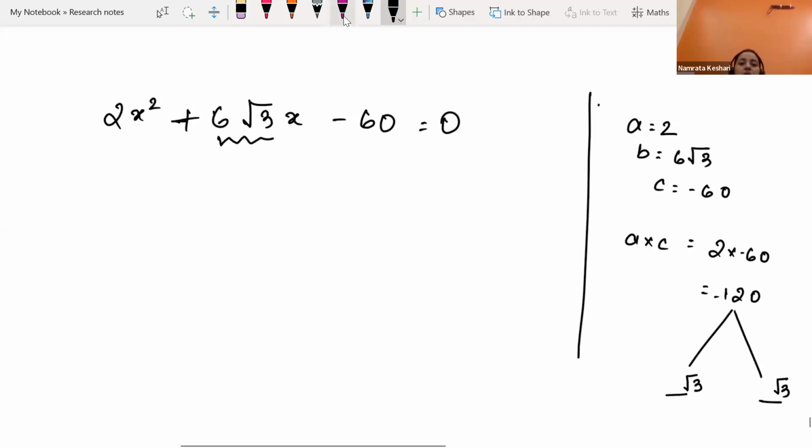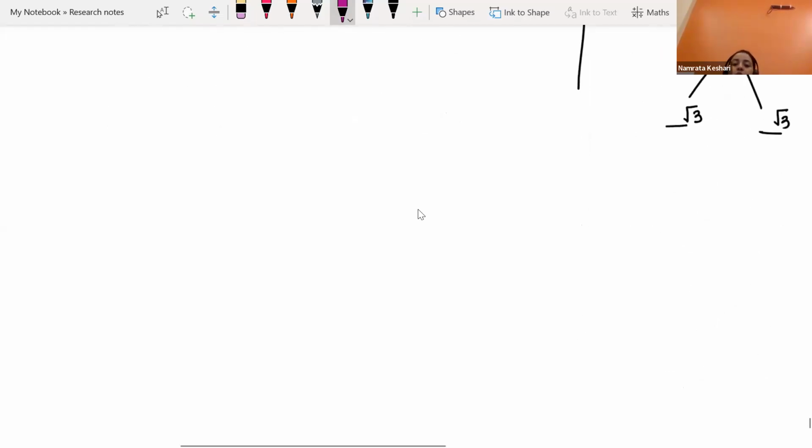Okay. Now, after writing root 3, we need to realize that already it is making what? Root 3 into root 3 is making 3. Right, Zoha? Yes. We want to create 120 and already we have written root 3 and root 3 which is making 3. So 3 into which number is 120?